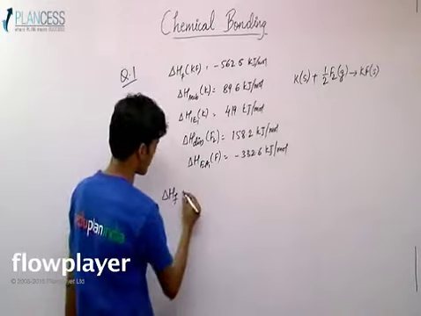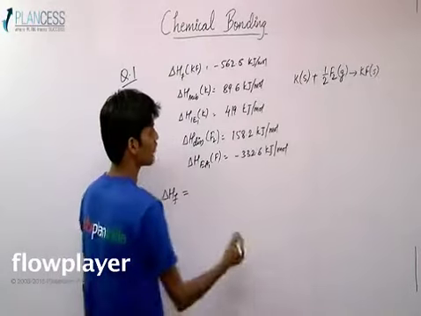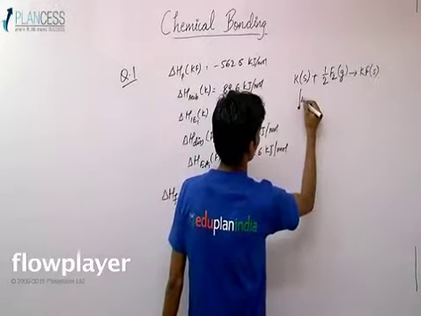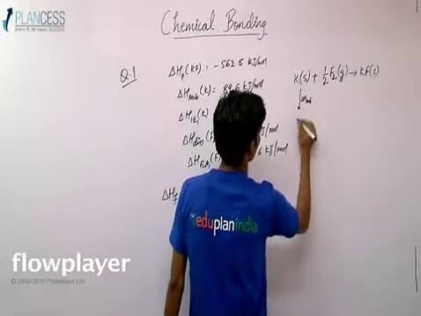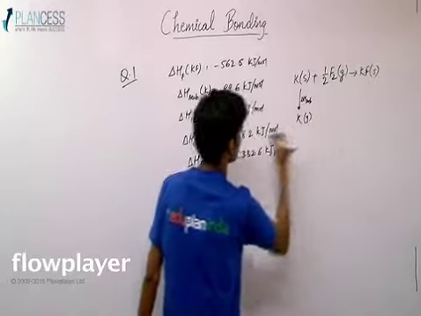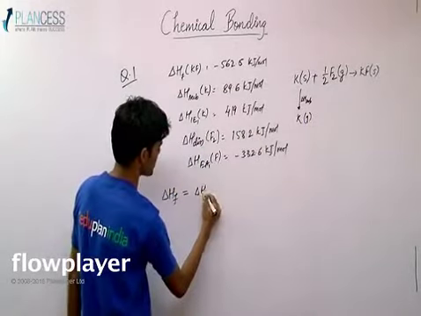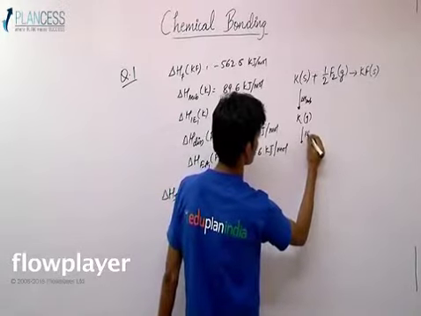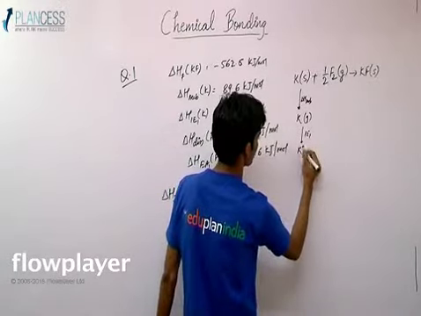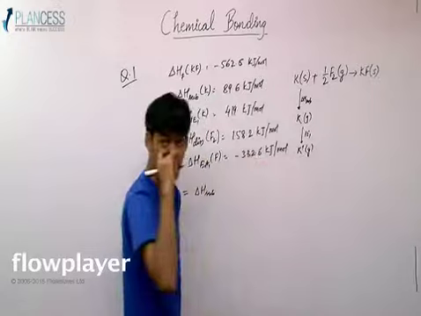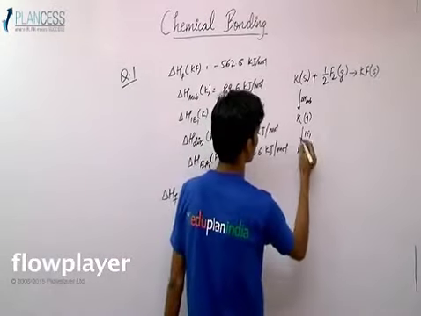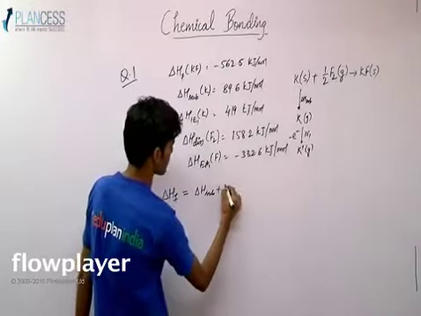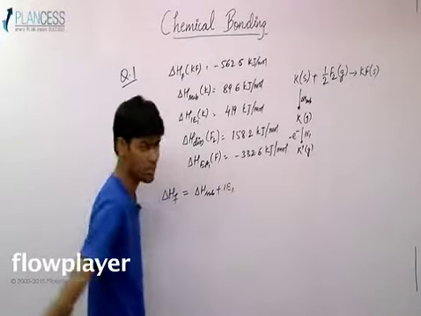So delta HF, that is the net enthalpy change, would be equal to, first I have to apply the delta H sublimation, that is bring it into the gaseous state. Then we have to apply the first ionization energy of potassium, which will in turn change it into the potassium ion, the monovalent cation, minus an electron.